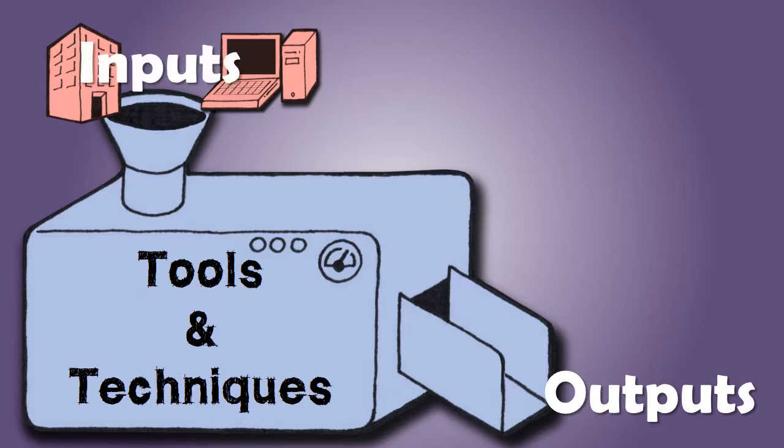They should be considered as an input into every process, even though they may not be explicitly listed as an input into the process. As we logically progress through the sequentially organized lessons of this course, we'll talk much more about the inputs, tools and techniques, and outputs of the 47 project management processes.